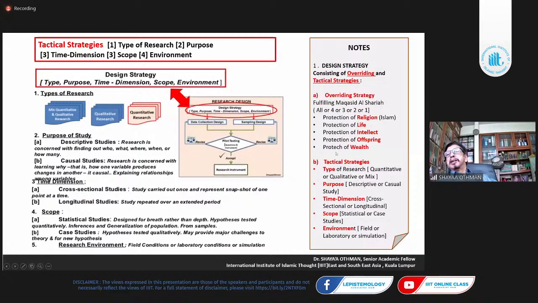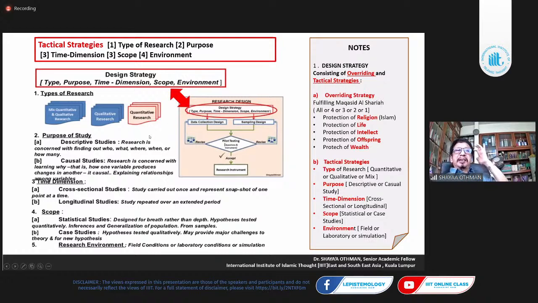Very simple, isn't it? Okay. Any question on this? Maqasid al-Sharia is the overriding strategy of your research. The other design strategy, which we call tactical strategy, is to fulfill the requirement of maqasid al-Sharia.